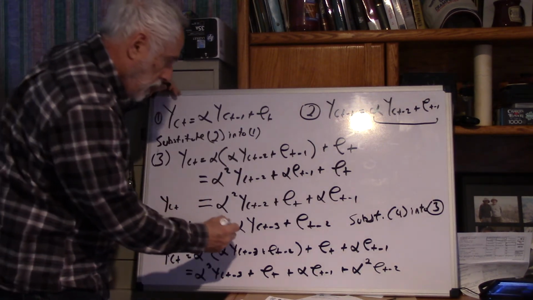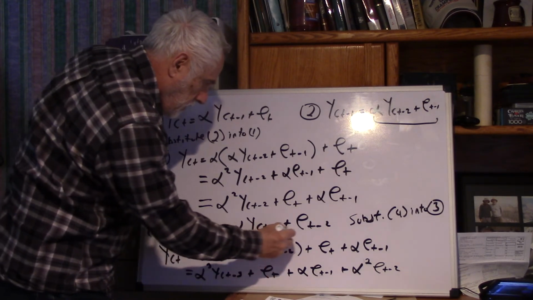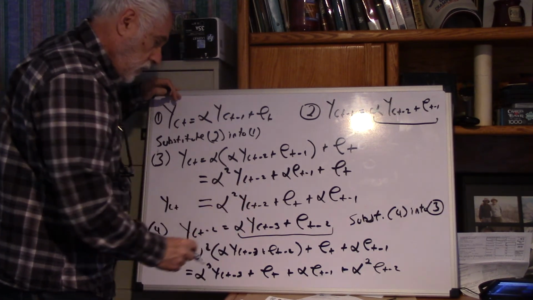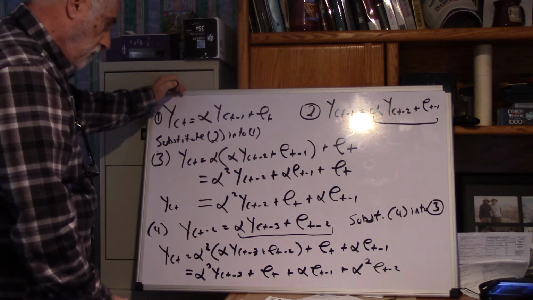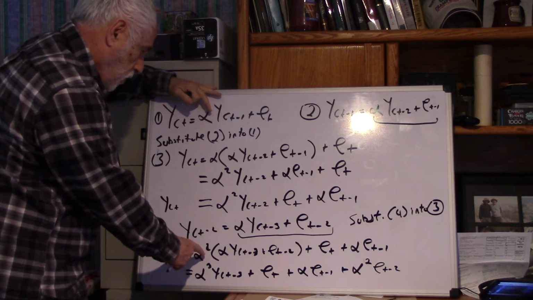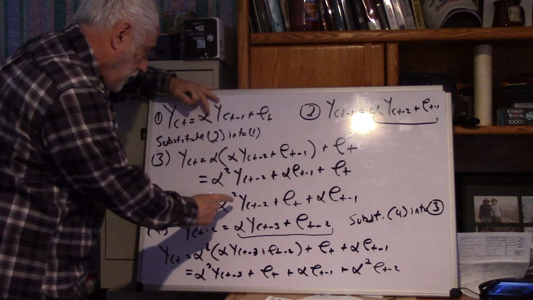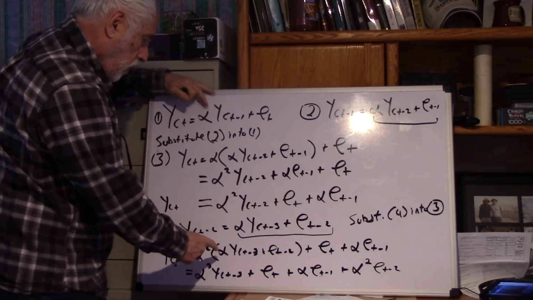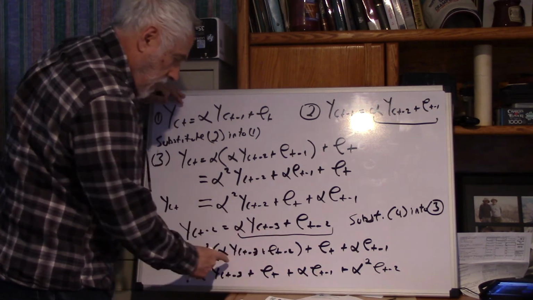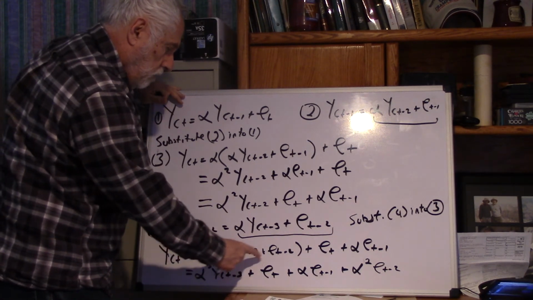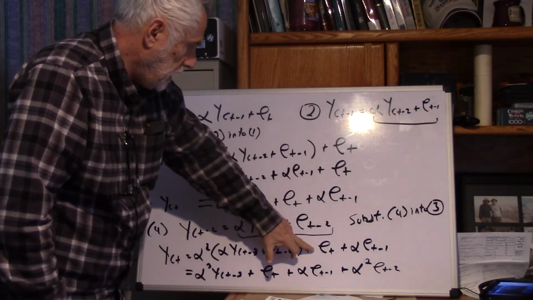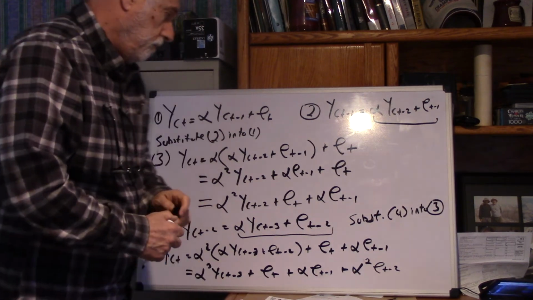So I'm going to substitute this stuff right into here. Okay? So I do that substitution, and you can see on the board I then have alpha squared, because I'm now substituting into this equation alpha squared what Y^C_{t-3} is. So I'm taking this expression and putting it in this bracket, alpha Y^C_{t-3} plus ε_{t-2}, but then I still have this part, which is ε_t plus alpha ε_{t-1}.